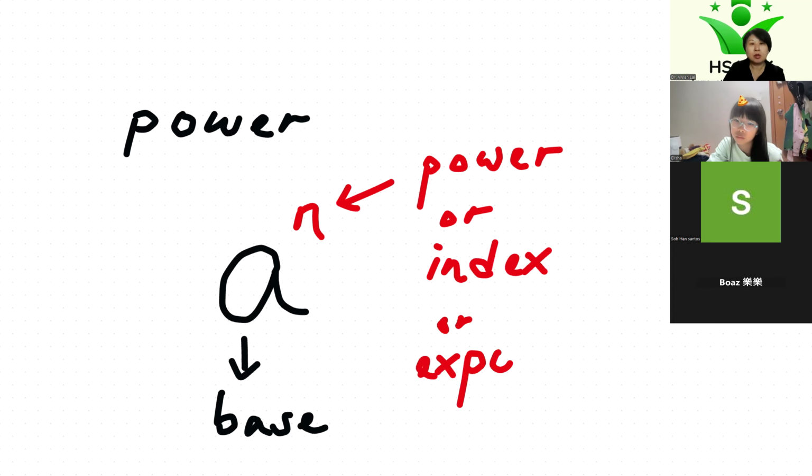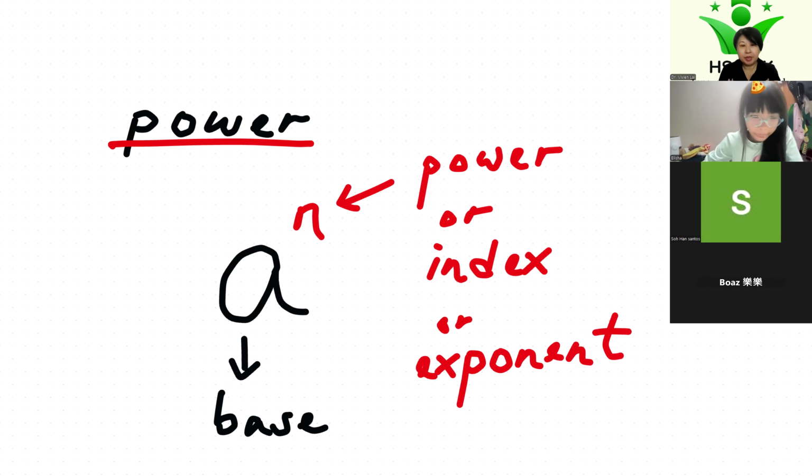Okay, so this is our topic. Please write it down. The A, we call it base, and the little letter on the top, we call power or index or exponent. They mean the same thing. When you finish writing down, please indicate to me.